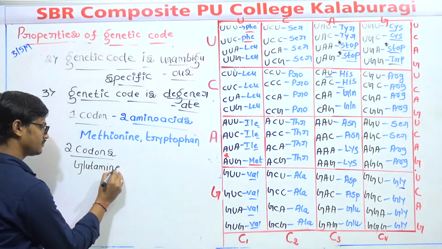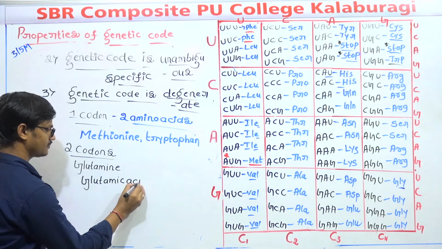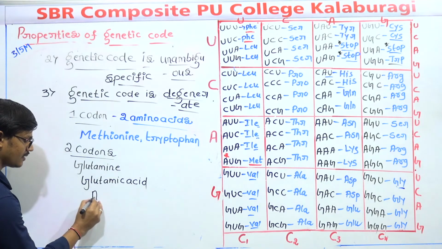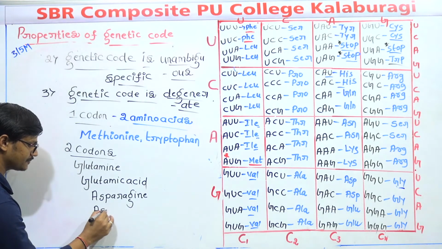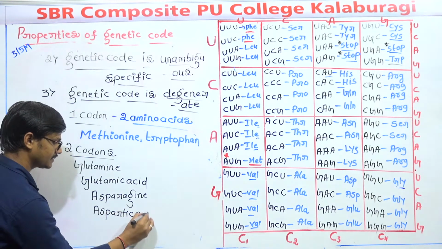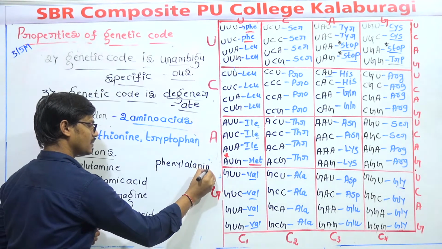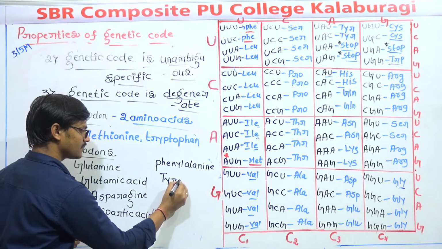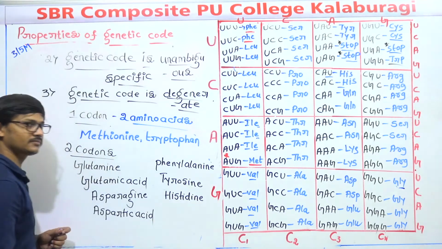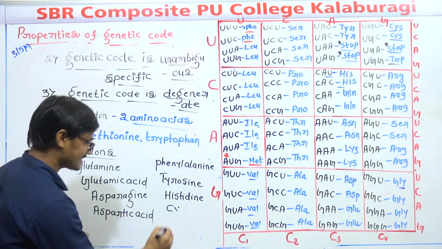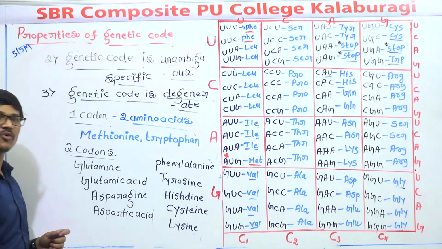Glutamine, glutamic acid, asparagine, aspartic acid, here I am writing phenylalanine, tyrosine, histidine, cysteine, and finally lysine. So totally how many amino acids here I have written?